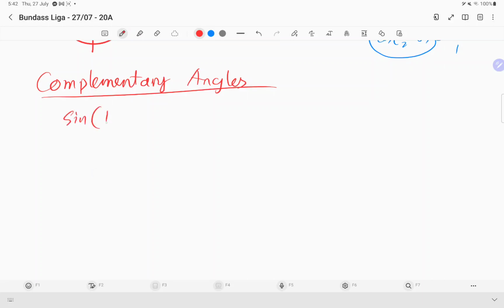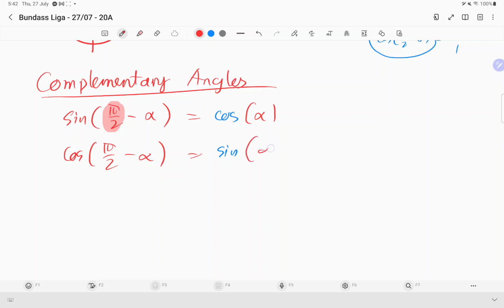Sine of pi over 2 minus a certain angle alpha will always be the same as cos of the base angle alpha. So if the two angles are linked by, instead of pi, it's pi on 2, sine becomes cos. Sine of one becomes cos of another. And similarly, cos of this would become sine of the base angle. It's the same as sine of the base angle alpha.